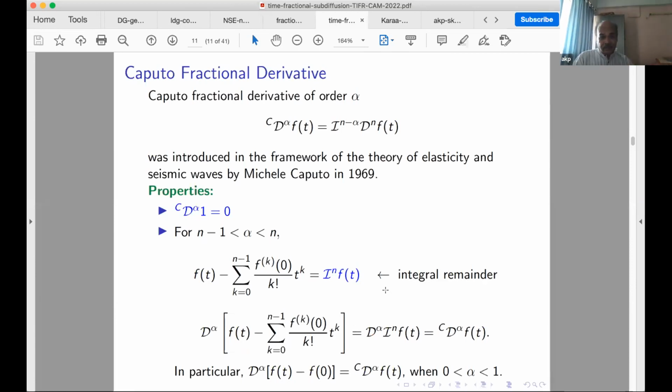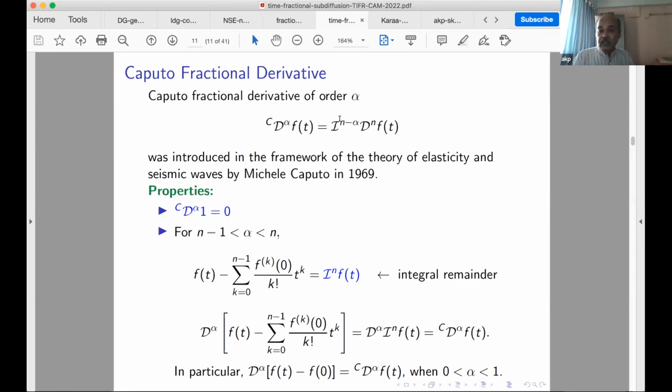So what he did, he just flipped the definition. The Riemann fractional order integral of 1 minus alpha, he just wrote down the Caputo derivative D alpha of f of t as I of 1 minus alpha of D of f of t, where alpha lies between 0 and 1.